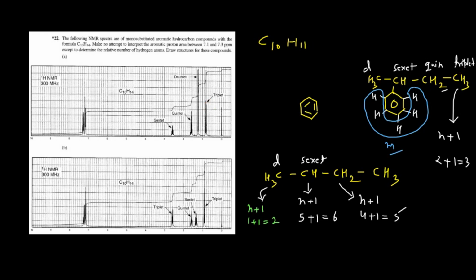Now you can go for the chemical shift as well. So you can see here the most downfield signal will be due to the presence of the hydrogens on the benzene ring, which resonate at 7.1 ppm.